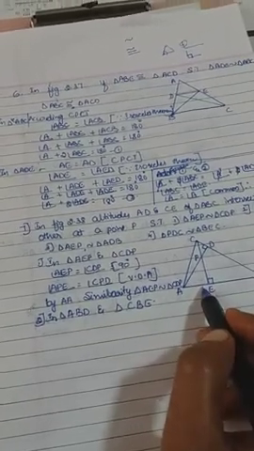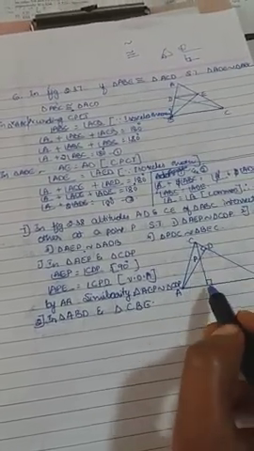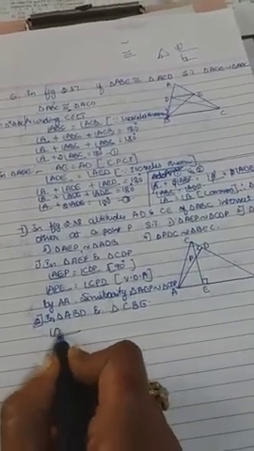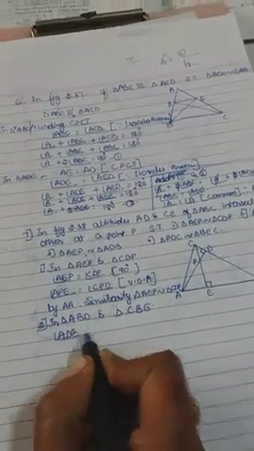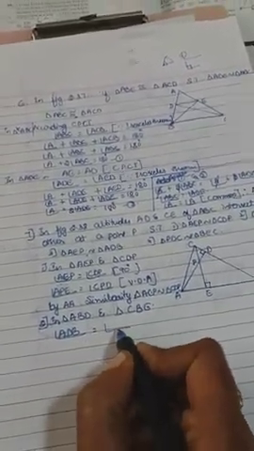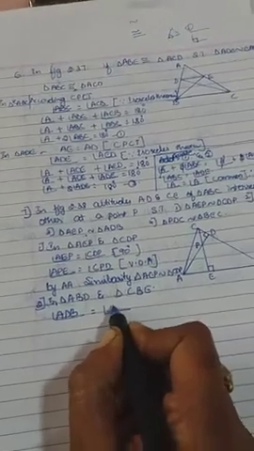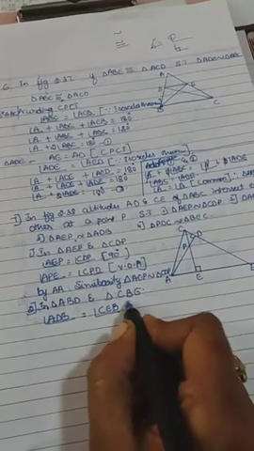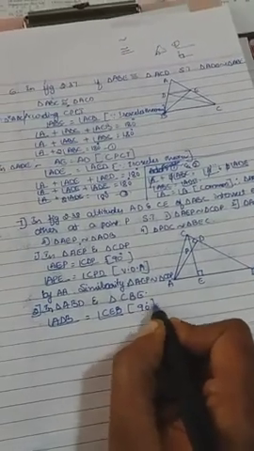Angle ADB equals angle CEB, that is 90 degrees. See, both are 90 degrees.